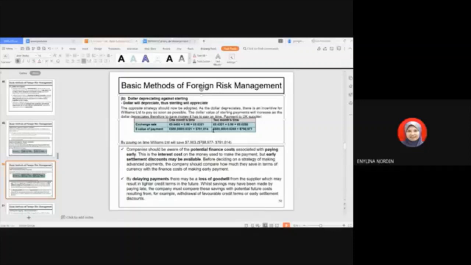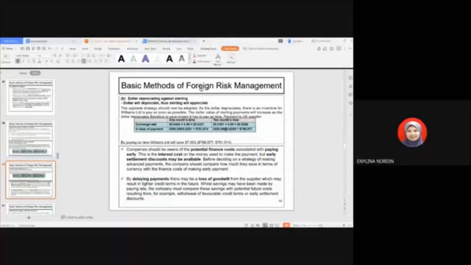So the US company should make earlier payment to avoid the increase in the pound sterling currency.